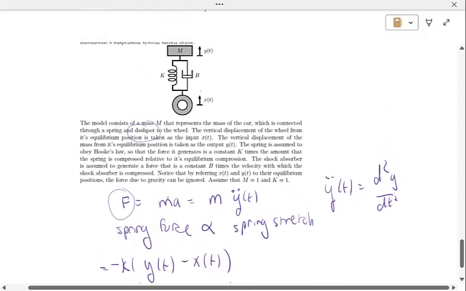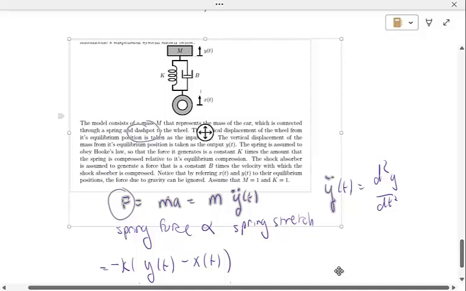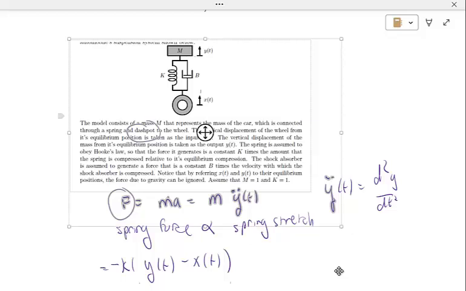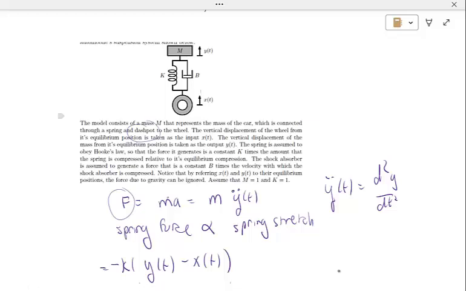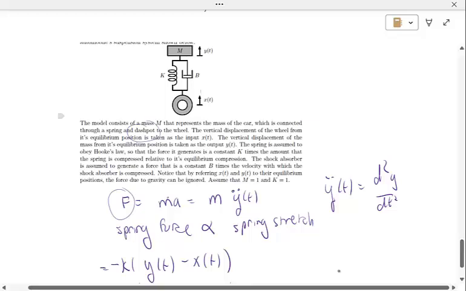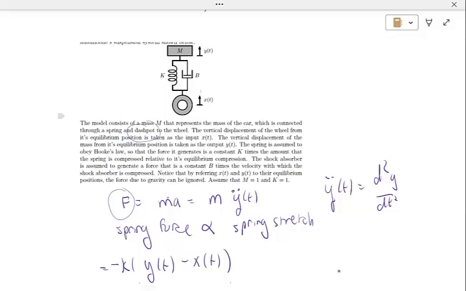Right? If the y and the x are moving together, there's no change in the dashpot because it's like a piston. If both things move together, the entire framework is going to move together, so the piston is not moving relative to the frame.